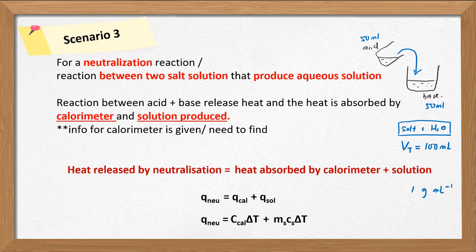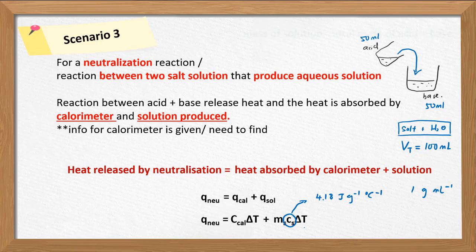For the solutions, as it contains water, for the specific heat capacity of solutions, we will take the specific heat capacity same as water, 4.18 joule per gram per degree Celsius. And then you have your delta T.